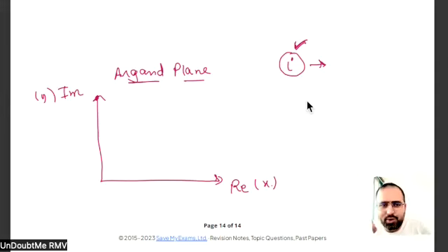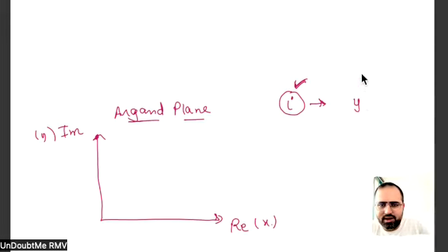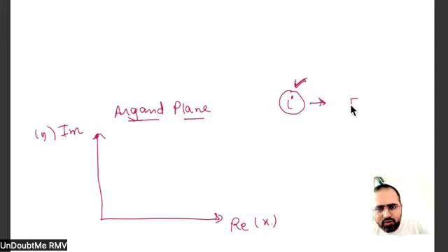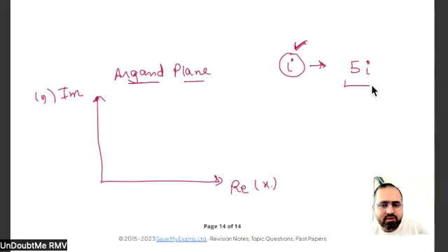Now over here, using all these examples, you have to understand that along with a number, let's say the number is 5. I'll take a real number only so that you will understand better. Along with a number, when I'm putting iota, it doesn't mean that its value is 5 iota.